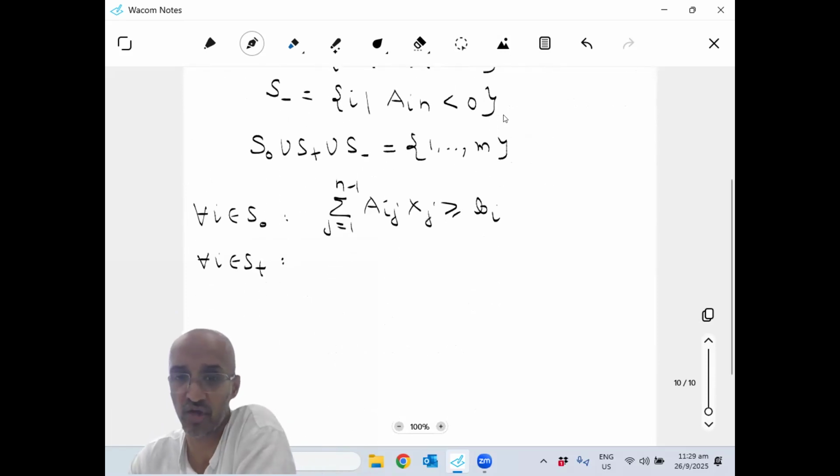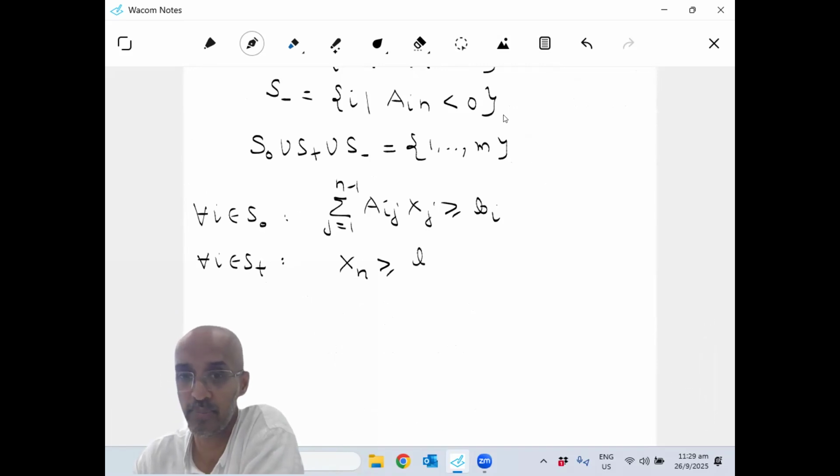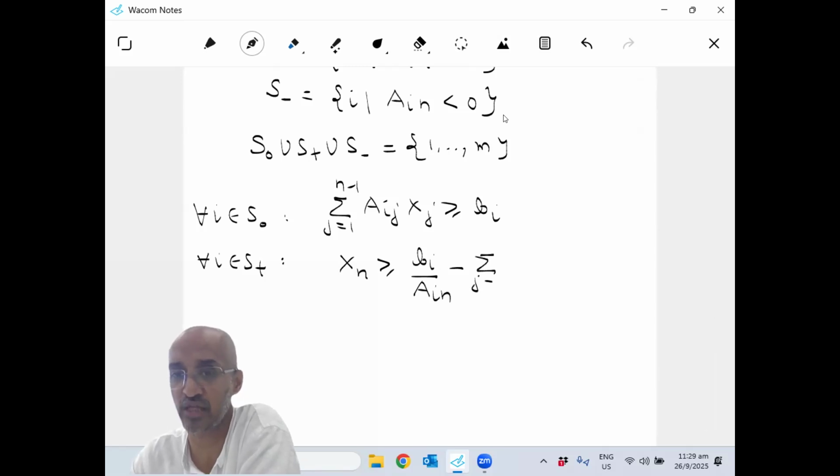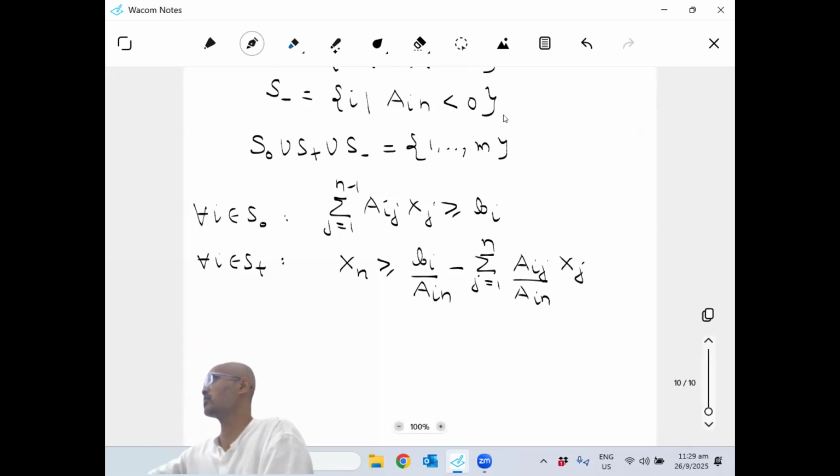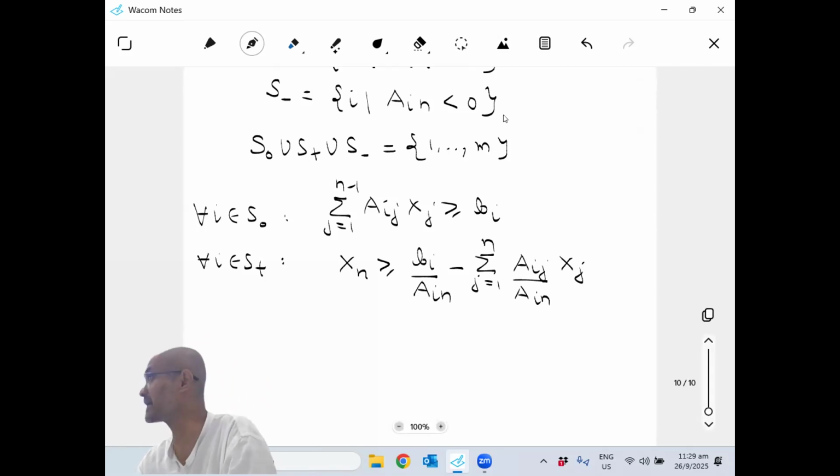So we are writing this constraint as x_n greater than or equal to b_i by a_in minus, taking the remaining n minus 1 terms to the right-hand side, a_ij by a_in x_j. I'm just rewriting the constraint, dividing by a_in, and because it's positive, the sign will remain greater than or equal to. Is that clear?